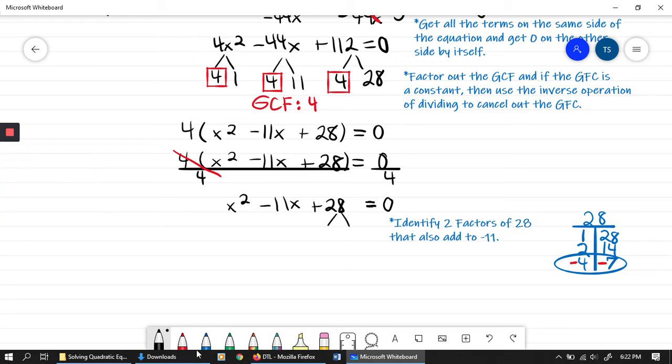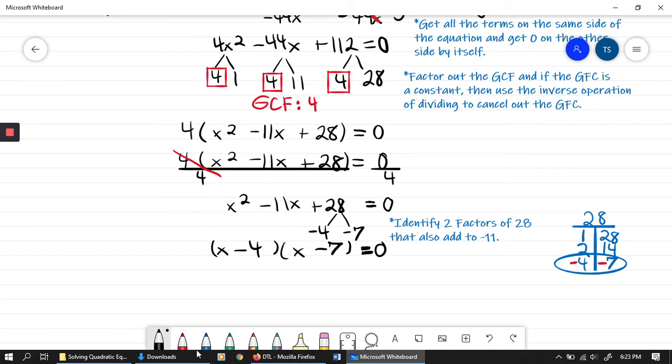So if we use those two factors, the -4 and the -7, and write out our two factors of this quadratic trinomial, it will be x minus 4 times x minus 7. Remember that this is still an equation, so it's still equal to 0.